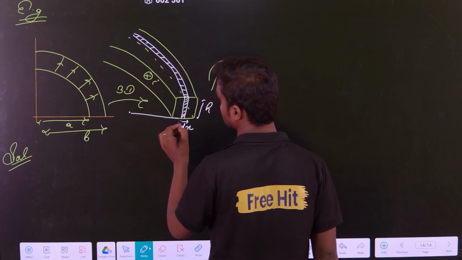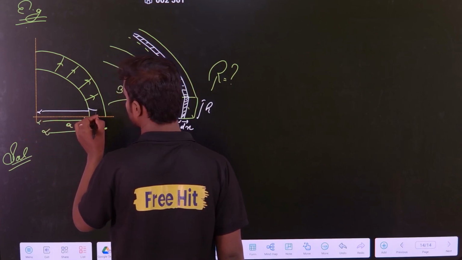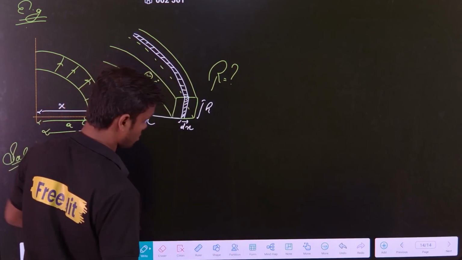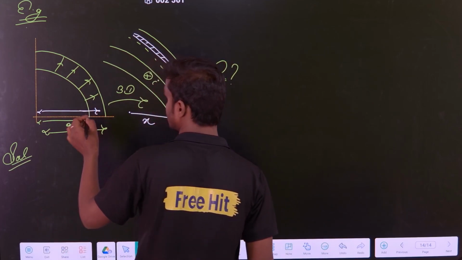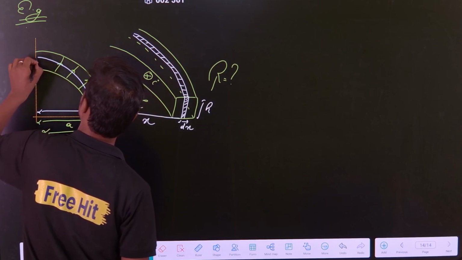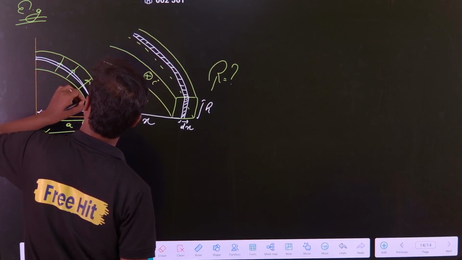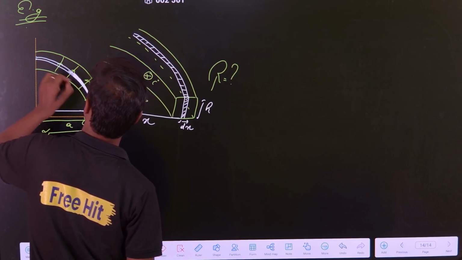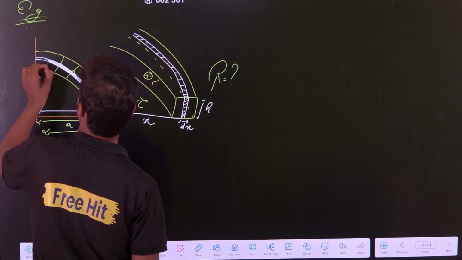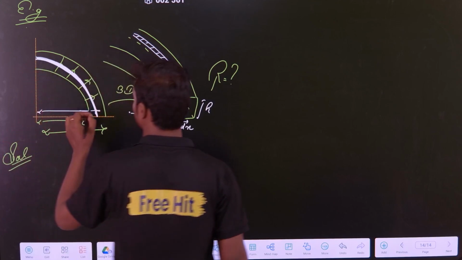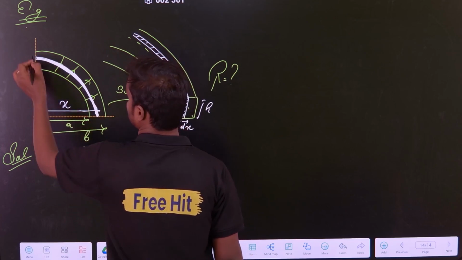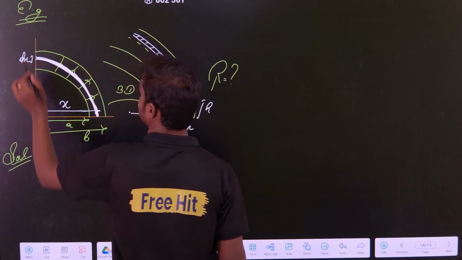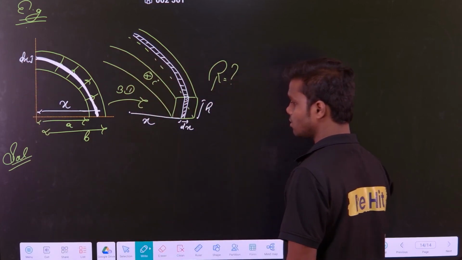At a distance x from the center, I am taking a small strip like this, whose thickness is dx, correct? Now let us solve this.